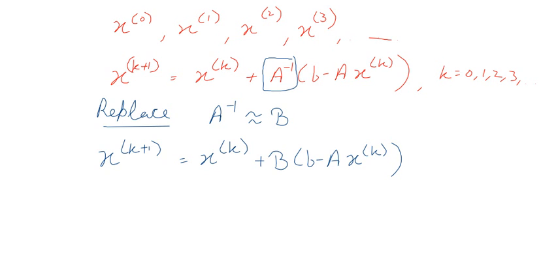Now let us assume that this scheme, which is given by (1), generates a sequence of approximations, and this converges to the exact solution. So let the limit of xk go to the exact solution x.